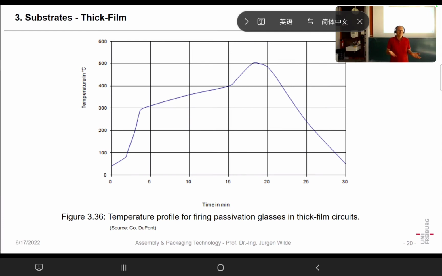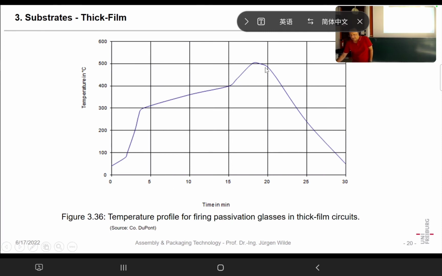And that means you could be sure it will go down in resistance. And in that way, we take a glass and now 500 degrees centigrade under controlled conditions will not change that resistance value. And in that way, we have as a last step, so-called LT glass, low temperature passivation glass.